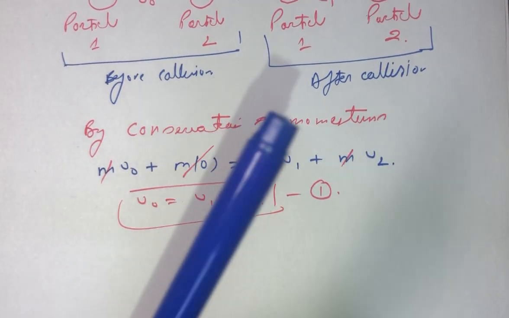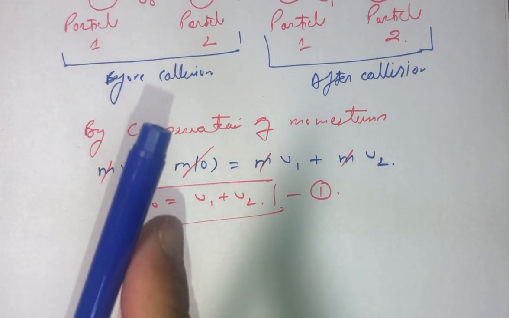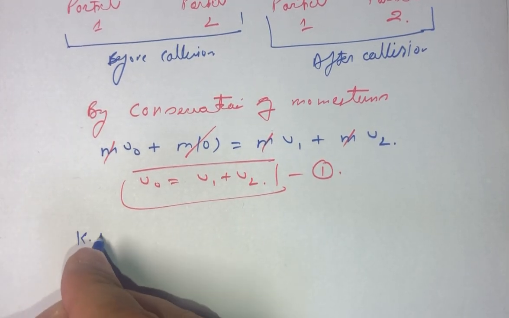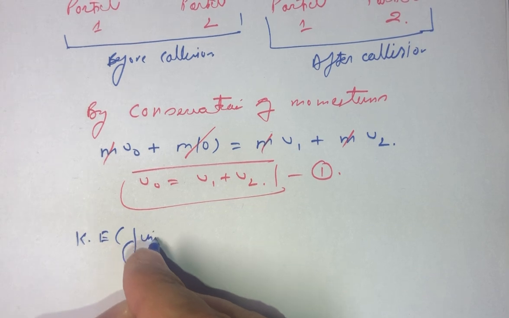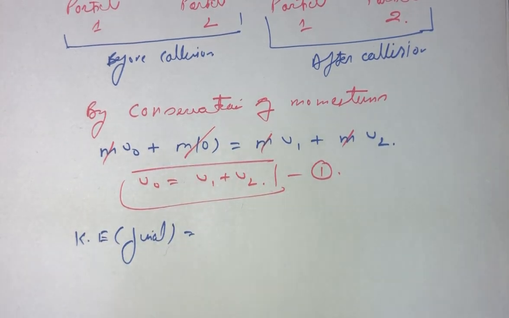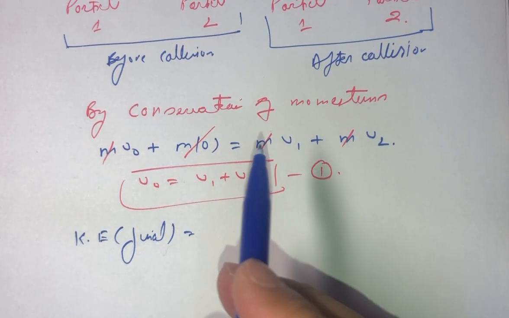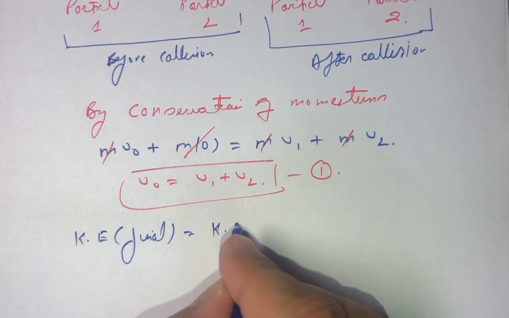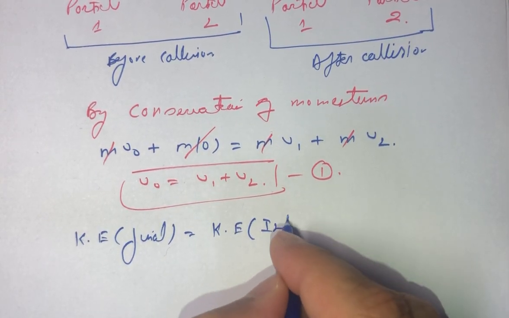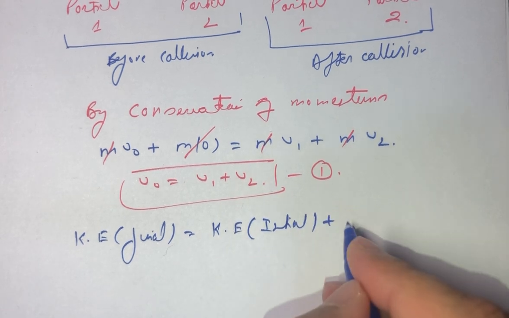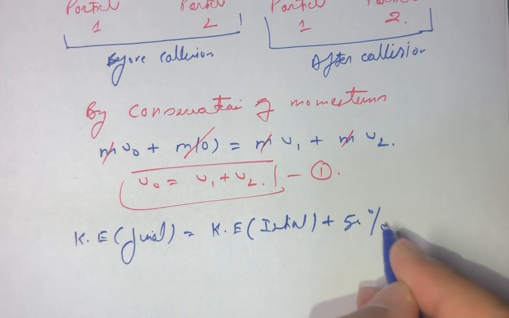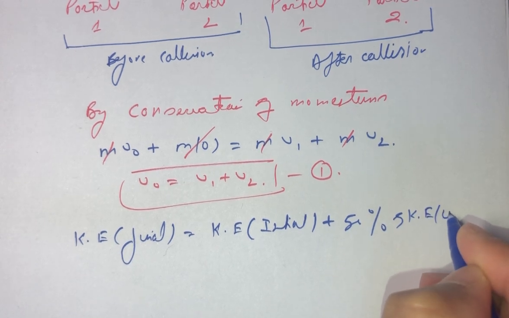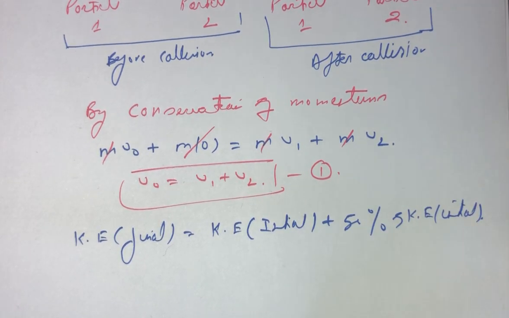And in the question it is given that the final total kinetic energy is 50% greater than the original kinetic energy. You can say kinetic energy initial plus 50% of kinetic energy initial.